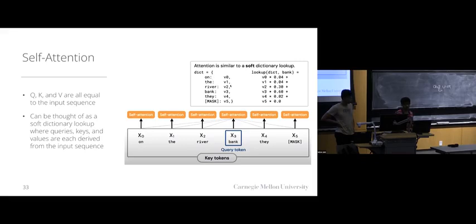So, for instance, if your query token is bank, the similarity between bank and itself would be very high. The similarity with river would also be very high because river disambiguates the meaning of bank from a monetary institution to a river bank. The other words have low weights because they don't have that much of a relationship. So this combines the meaning of the words bank and river, and so it provides a lot more information. Does that make sense? Any questions?